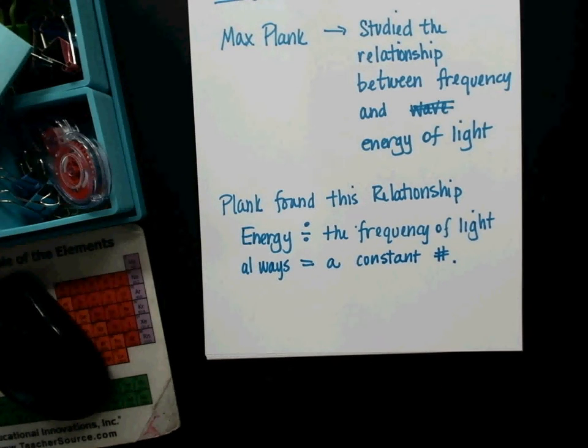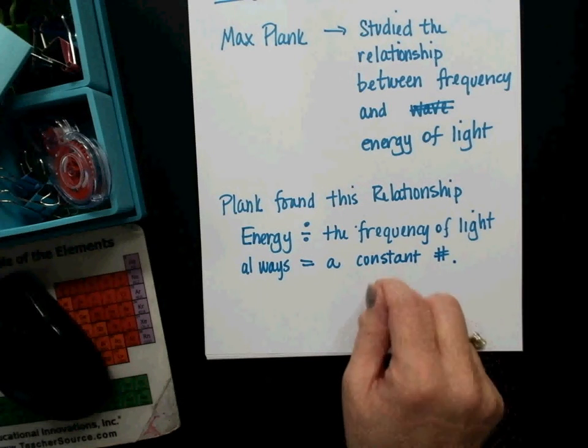So while he's doing all of his experiments and all of his calculations, he finds out that when he looks at energy and frequency at the same time, the energy of light divided by the frequency of light, when he does that math, he always gets the same number.